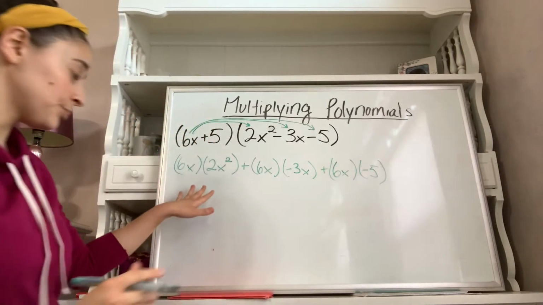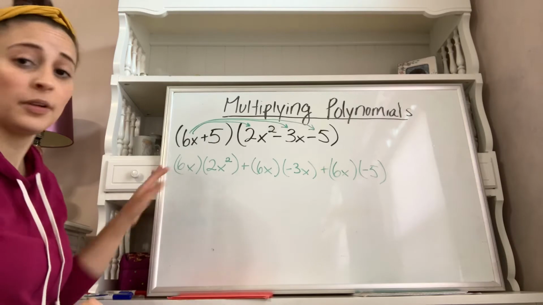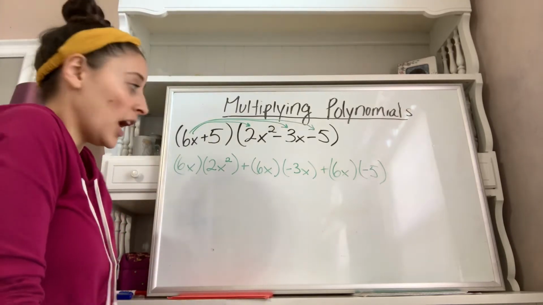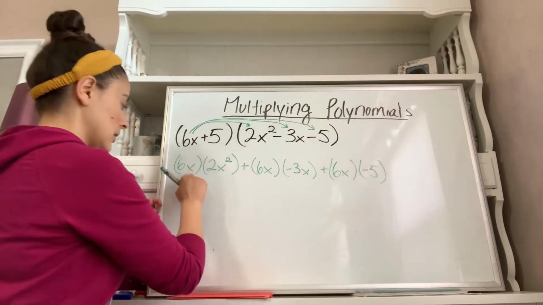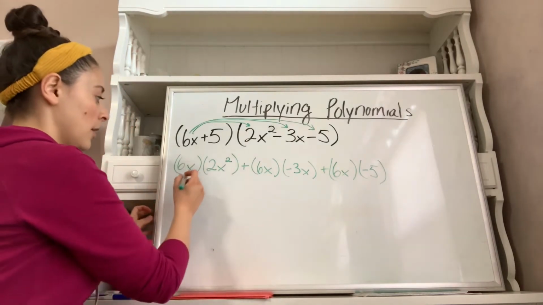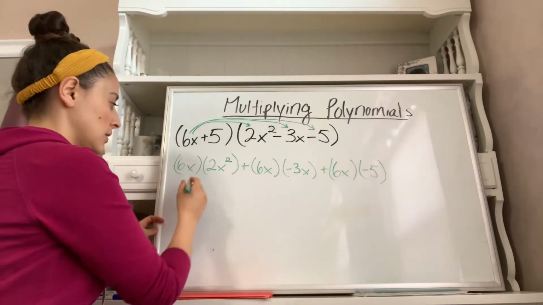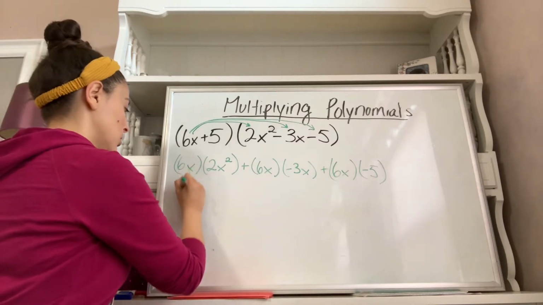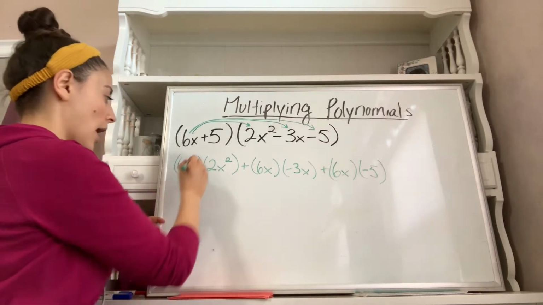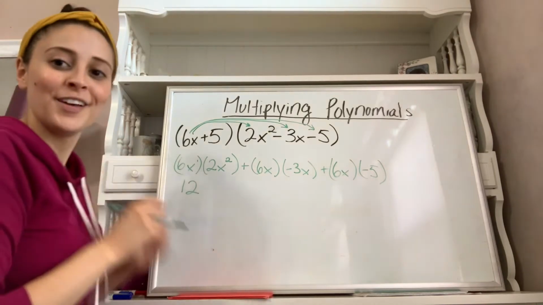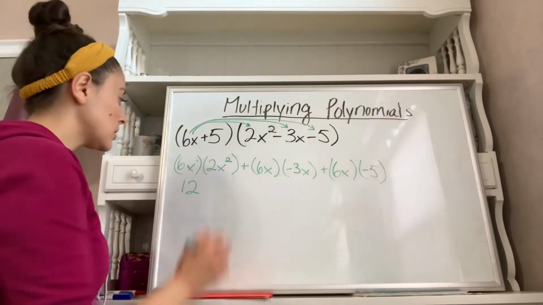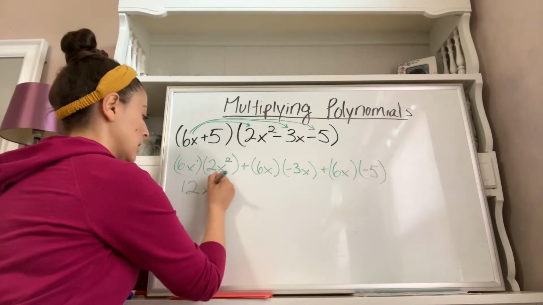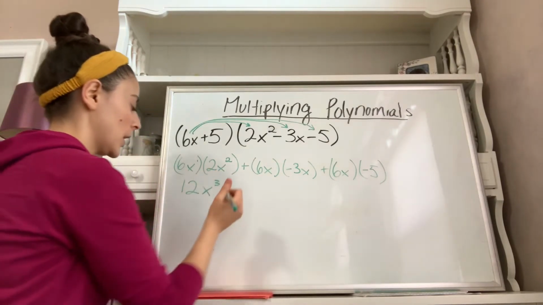Okay? So now we can go ahead through and simplify all of these terms. So we end up with a 6x times a 2x squared. So that's going to be 6 times 2 is 12, and then x to the 1 times x squared, we're going to be adding the exponents, so that's going to become x cubed, okay?